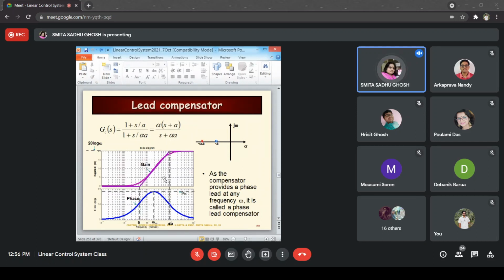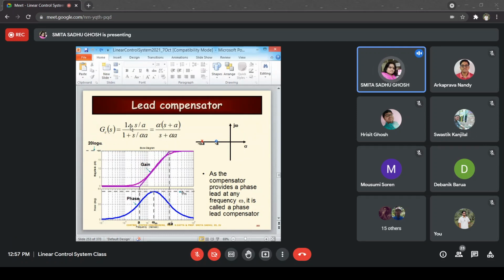Now, similarly, we can find out the phase as well. So as far as the phase is concerned, what is the expression for phase corresponding to this transfer function? How do we find it? You would recollect that the method for doing the Bode plot is to put s equal to j omega and then find the phase.